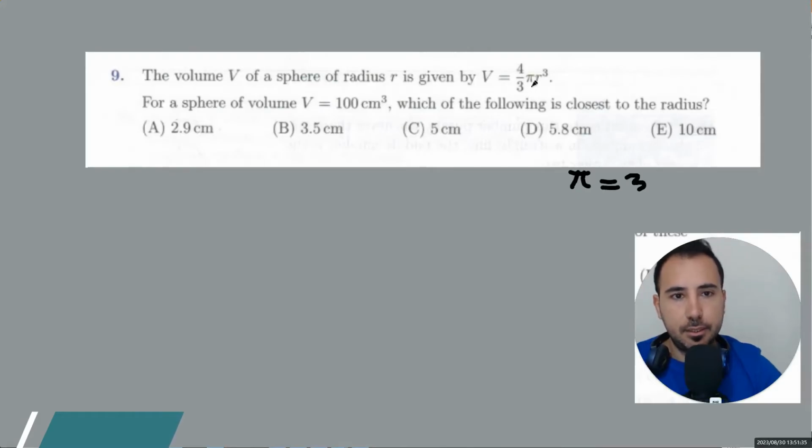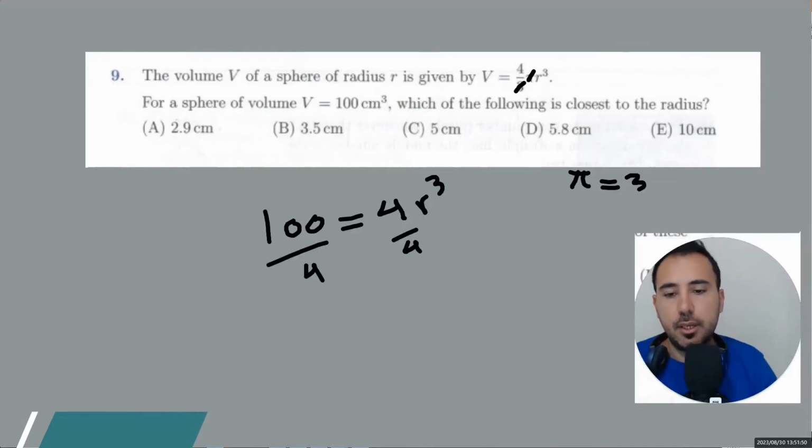If that's the case, we're going to cancel this 3 by this pi. So it's going to be 100 is equal to 4r cubed. Dividing both sides by 4, we get 25 is equal to r cubed.